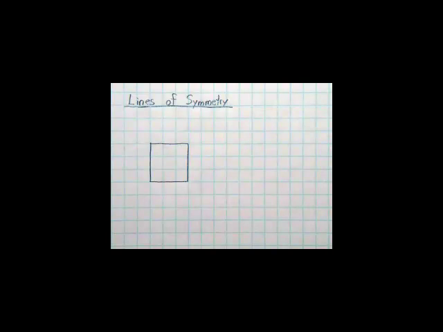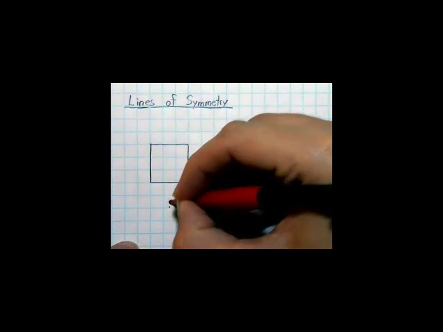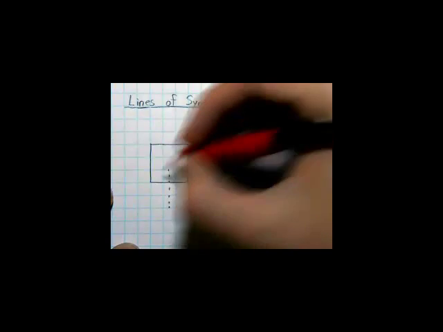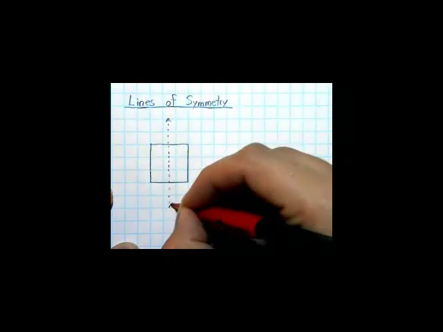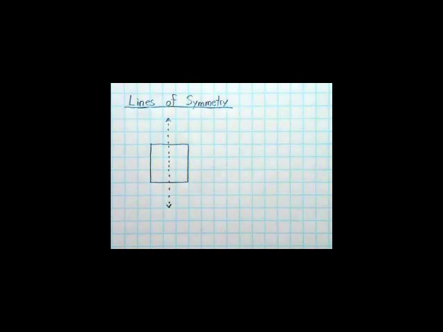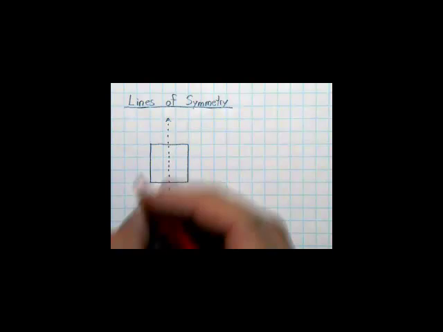Right down the middle. Okay, we're going to do some dotted lines here for each of these lines of symmetry. So there's a line of symmetry. If I reflect it, it would reflect right onto itself. Good. Okay. Another one. Okay, Savannah. Down the middle, but horizontally. Okay.